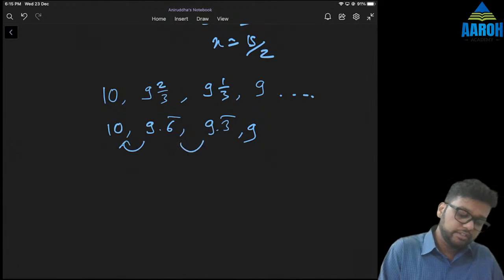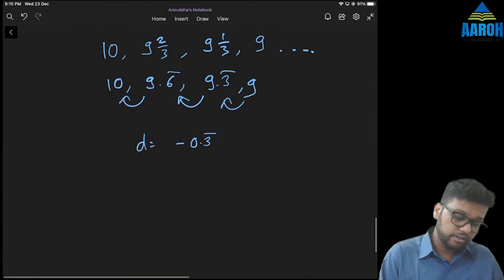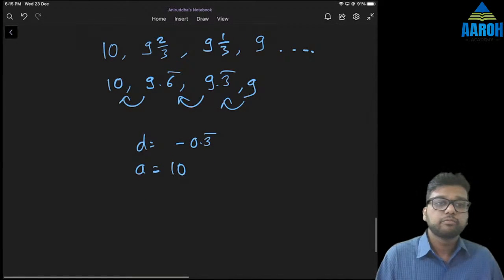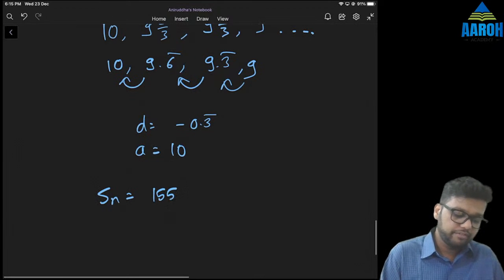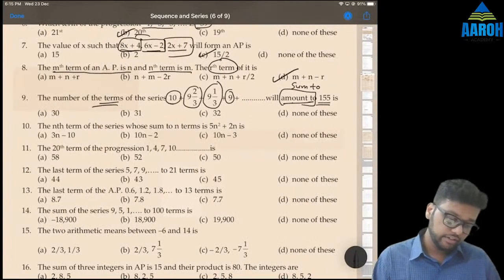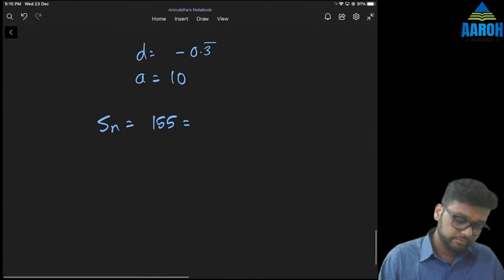So if you check difference, common difference is coming to be negative 0.3 recurring, and first term is coming to be 10. We want Sn to be 155. Sum of n terms should be 155. So let's try to find n.